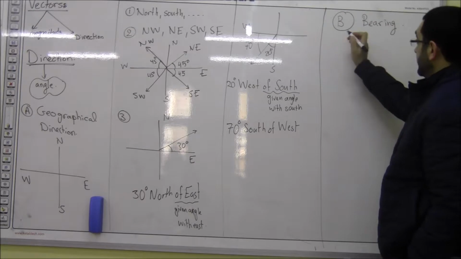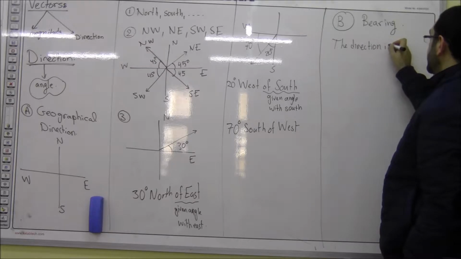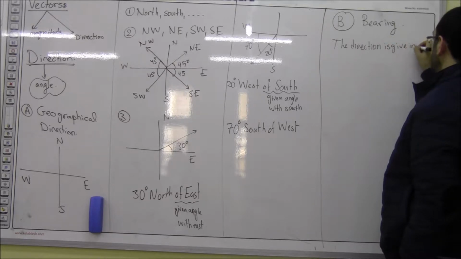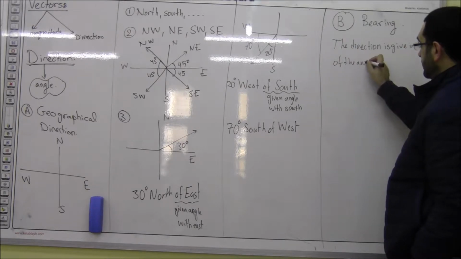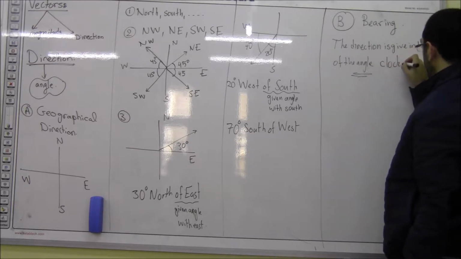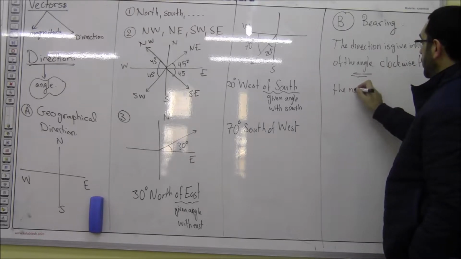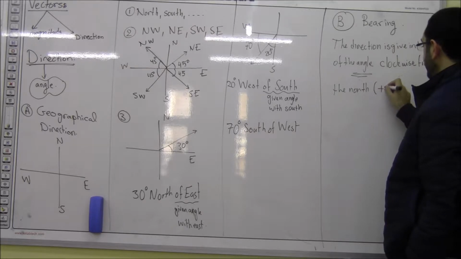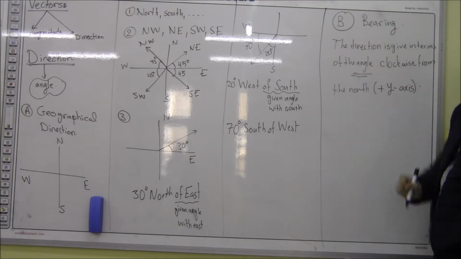The direction is given in terms of the angle, clockwise from the north, or the positive y axis. In bearing, this is very important.